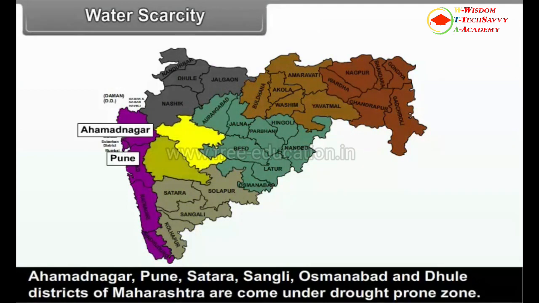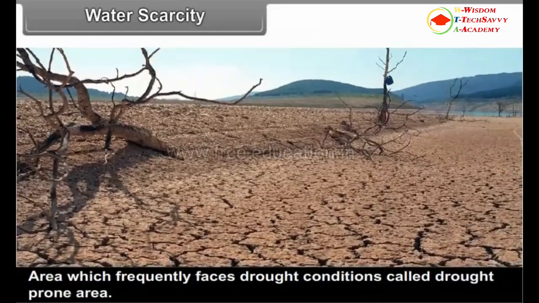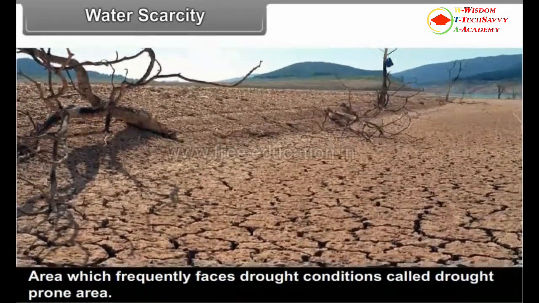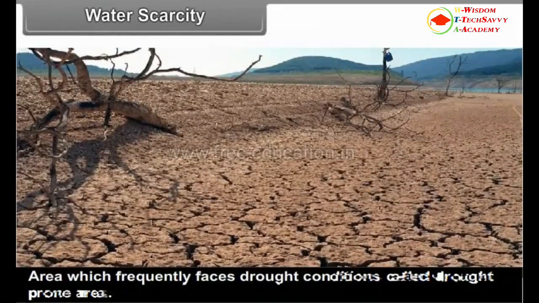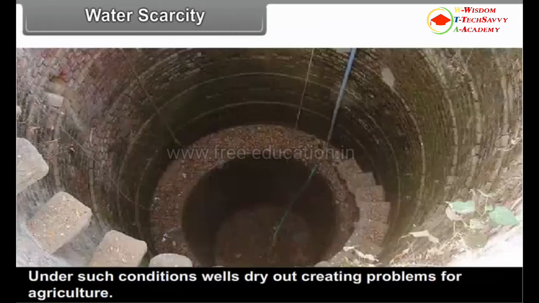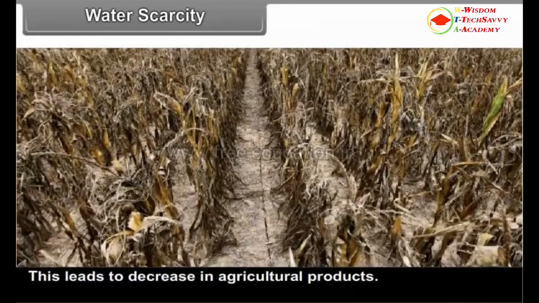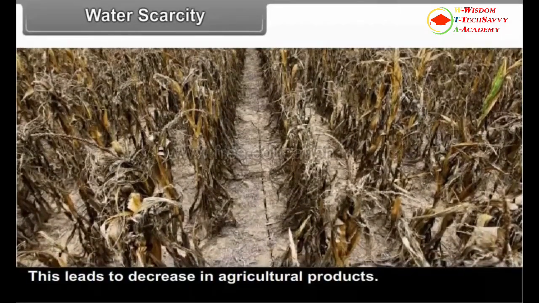Ahmednagar, Pune, Satara, Sangli, Osmanabad and Dhule districts of Maharashtra come under the drought-prone zone. An area which frequently faces drought conditions is called a drought-prone area. As and when rainfall is scanty, it leads to water scarcity conditions. Under such conditions, wells dry out, creating problems for agriculture. This leads to a decrease in agricultural products.